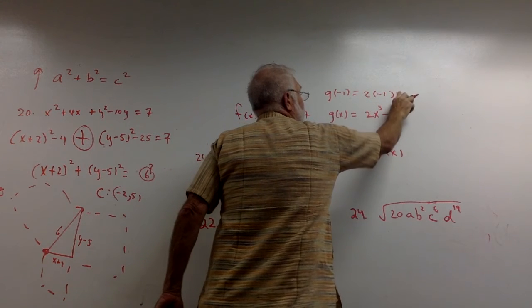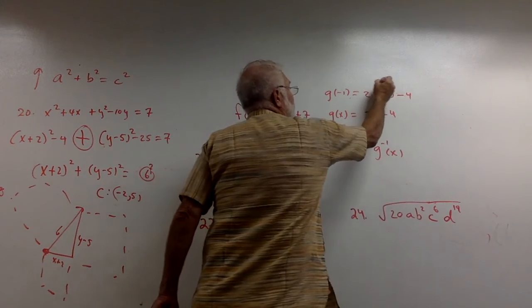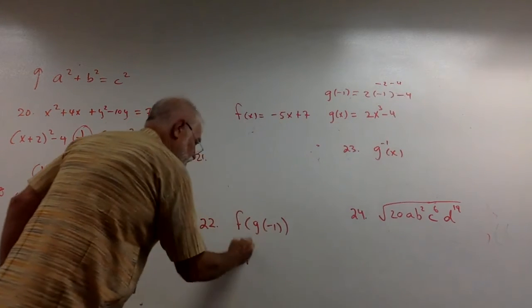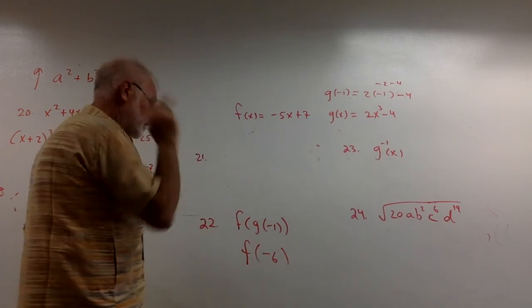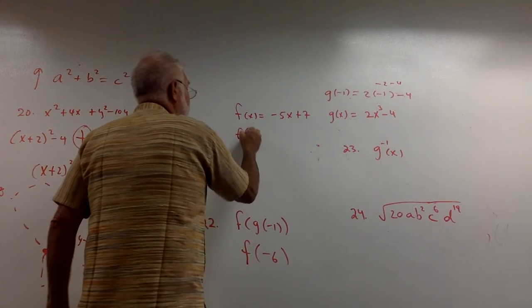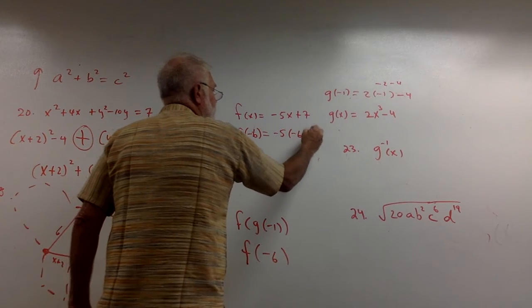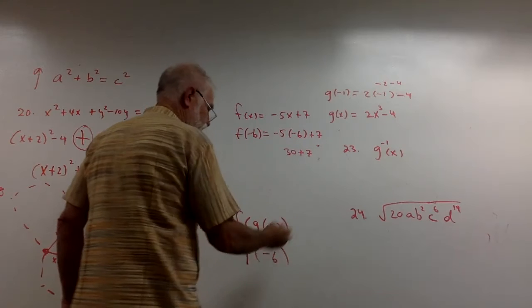And then we're subtracting 4. So that's -2 minus 4. So now I know that g of -1 is -6. So now I'm going to take f and throw -6 in there. -5 times -6 plus 7 is 30 plus 7. So we now know our answer is 37.